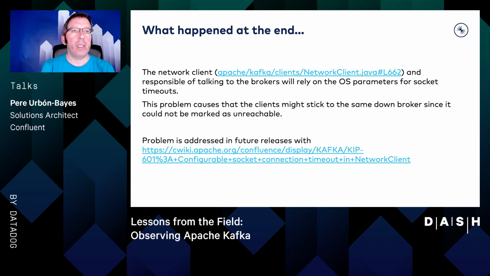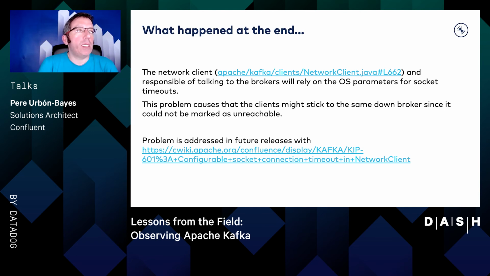This problem was caused because we tried to talk to a broker that was down, but the network client was not able to decide and was sticking to this broker, even though it wasn't reachable. If you find this problem, there's a very easy workaround, and maybe even your standard operating system image provided by your system teams might already have this corrected.